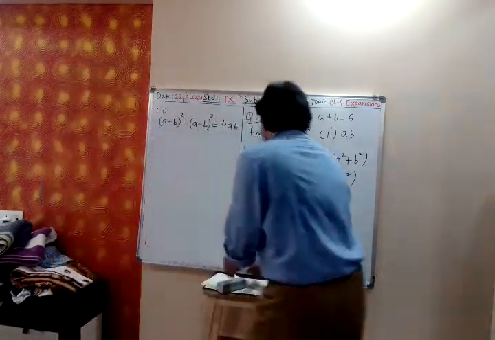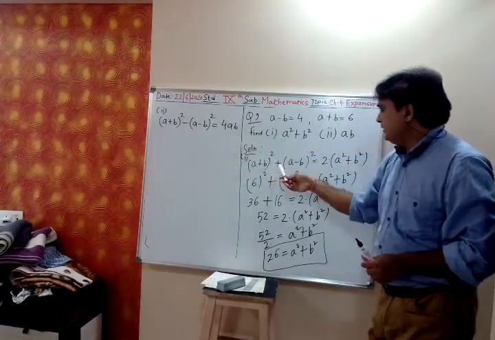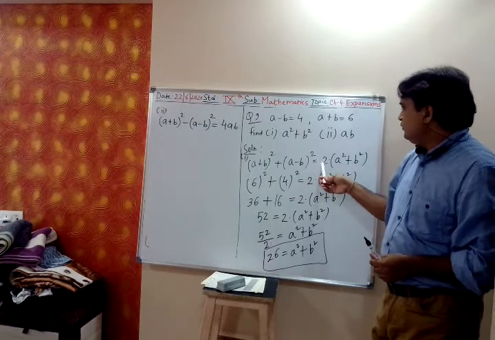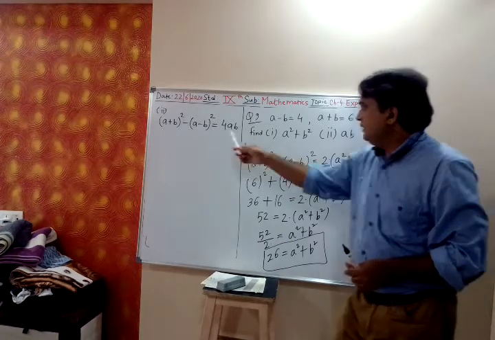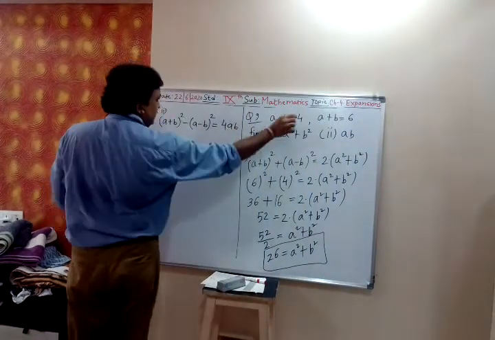See these two formulas, this formula and this formula, see the difference. If there is plus, then it is 2 times a square plus b square. If there is minus, it is 4ab, because we want to find the value of ab.